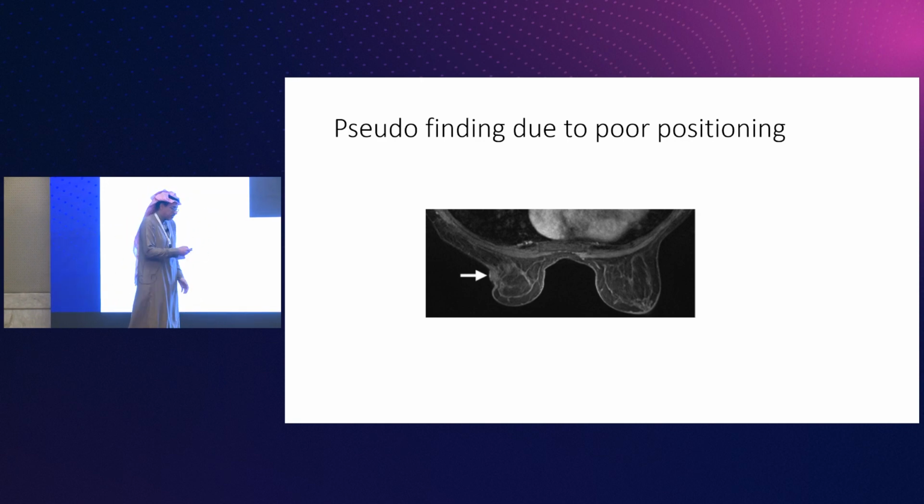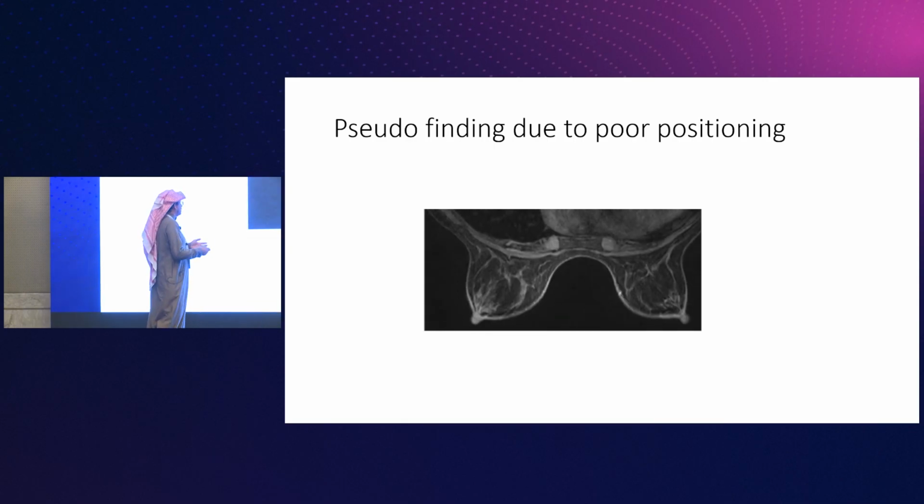They brought the patient back. Someone did it with good position, no finding. In the article, you will see that this case was diagnosed as cancer, and then she has nothing, just position.